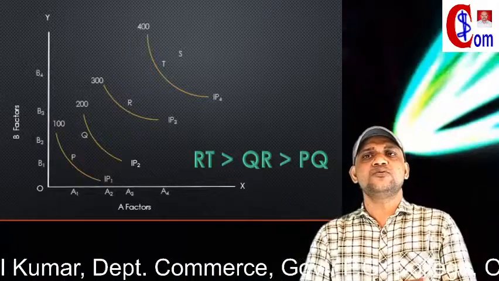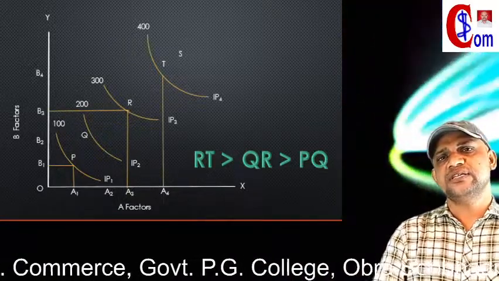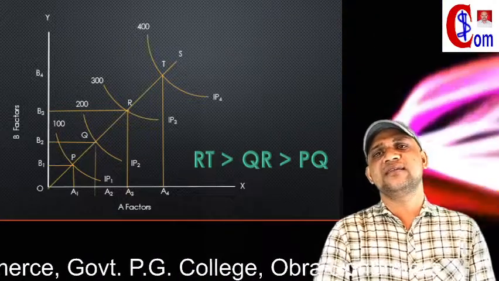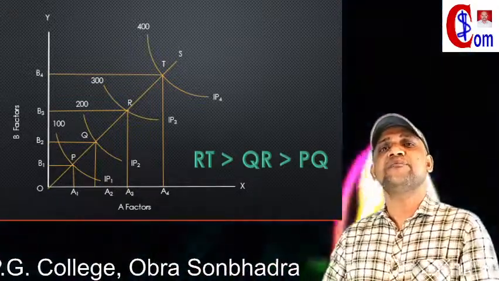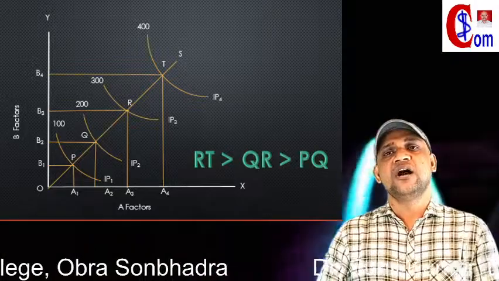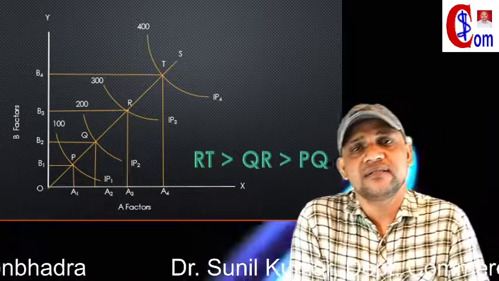This stage is known as the stage of decreasing return to scale, and the equation is RT greater than QR greater than PQ. That means PQ is less than QR and RT.